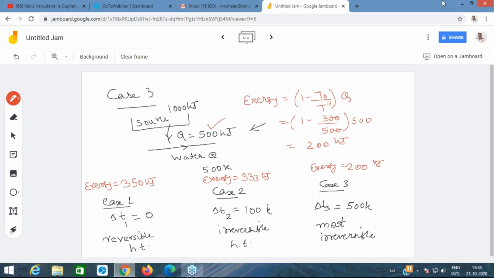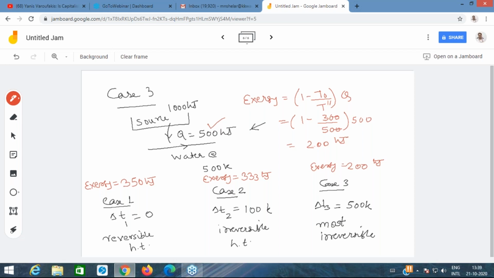So what you can conclude from this is, if you have a heat of 500 kilojoules at 1000 Kelvin, and a heat of 500 kilojoules at, let us say, 900 Kelvin, then the heat at 900 Kelvin is of better quality than heat at 500 Kelvin.